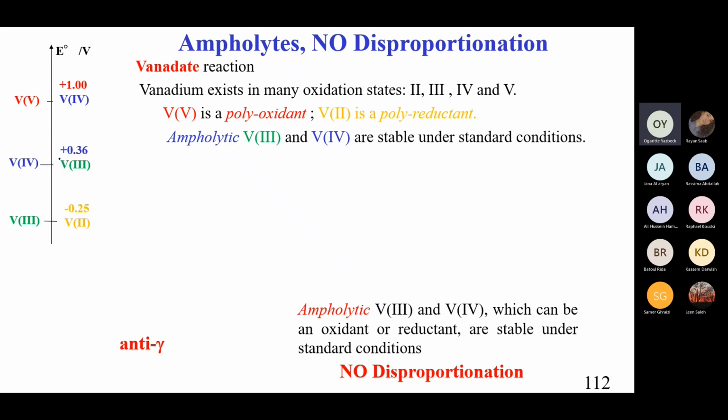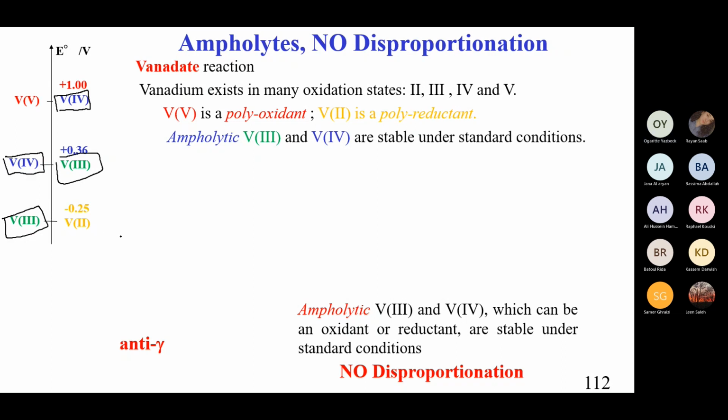Okay, so in green, I could see vanadium 3, on the oxidation and on the reduction half. I could see vanadium 4 on the reduction and on the oxidation half.